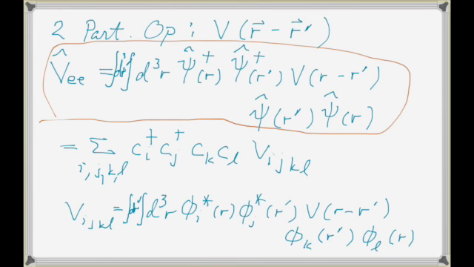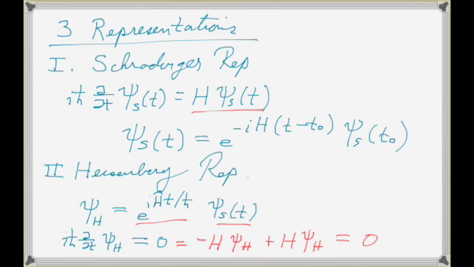All right, what next? Then we talked about the three representations: Schrodinger, Heisenberg, and interaction. Schrodinger is the one you're used to working with. This is the equation of motion, and you can formally write down the solution like that.